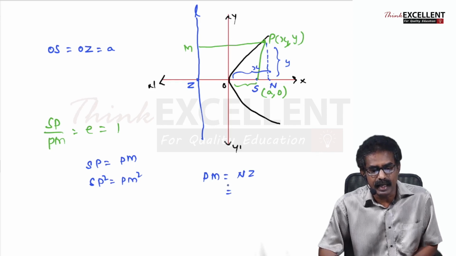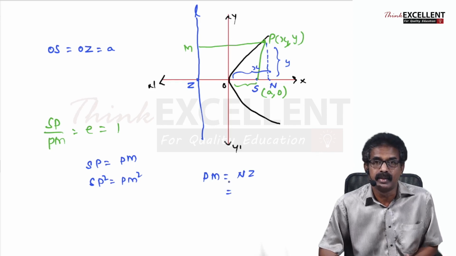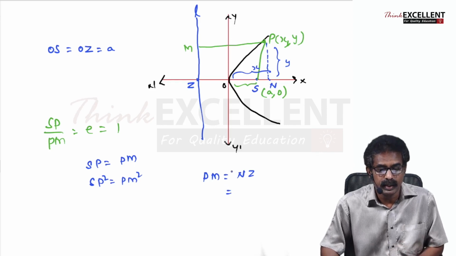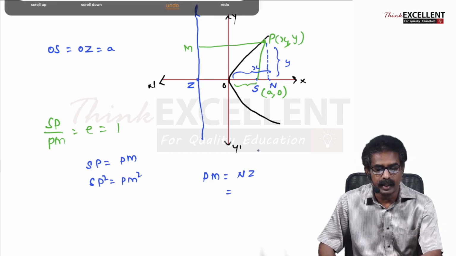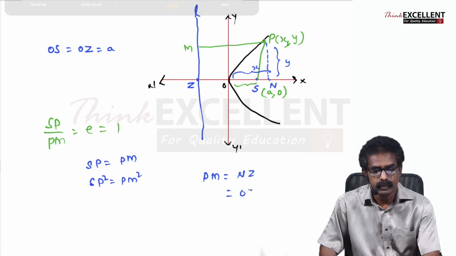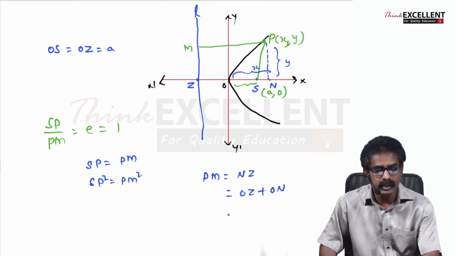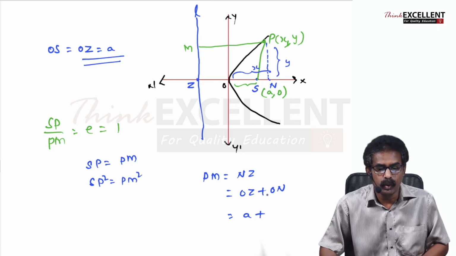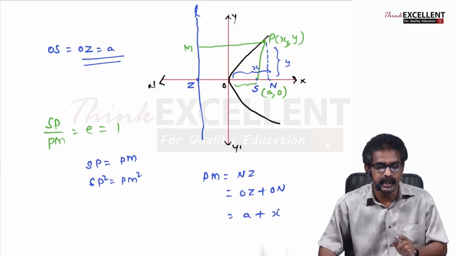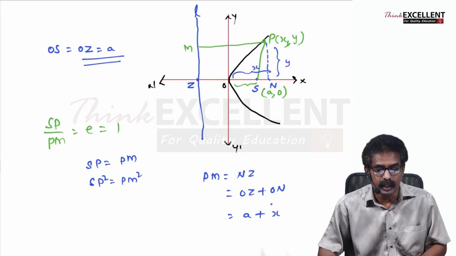So NZ can be written as the sum of 2 terms, in terms of O. NZ can be written as OZ plus ON. What is OZ? OZ is the same as what? A. Plus ON. ON is x, right? Because P is the point (x, y), so ON is x.